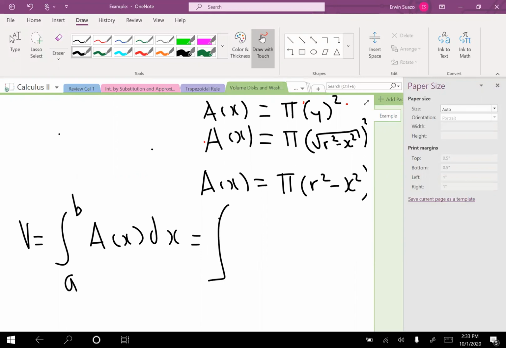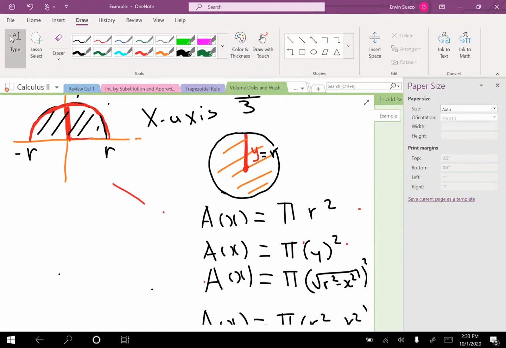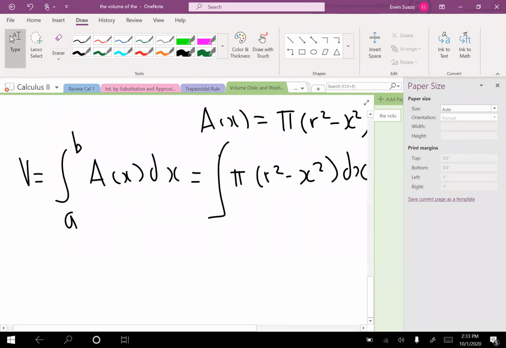And then we get the integral of pi times r squared minus x squared dx. Now, which one is a, which one is b? You tell me. What is a? Negative r. Negative r. And b? r. r. So this is negative r to r.